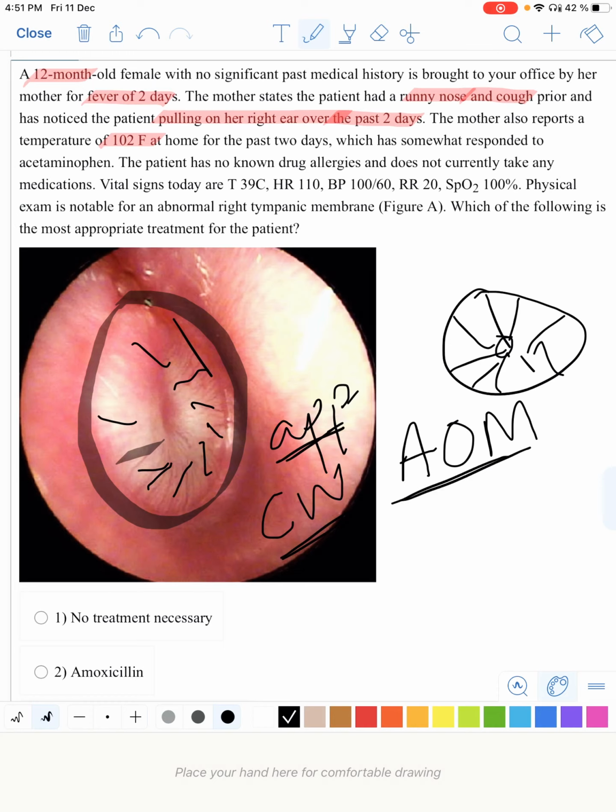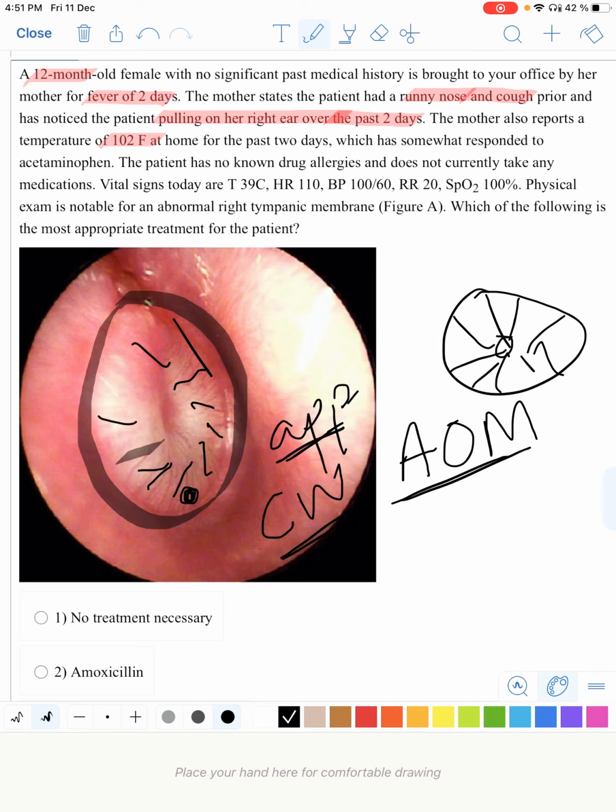And what should be the treatment for this? Normally there is spontaneous regression by rupture of the tympanic membrane. We can also make a small incision and drain the fluid or drain the pus from the middle ear, but that is not necessary in acute cases.